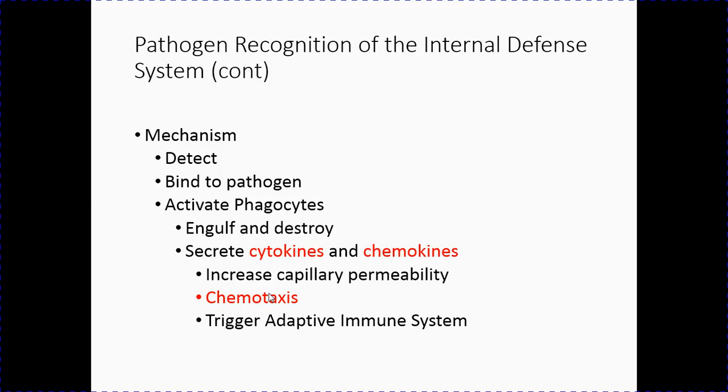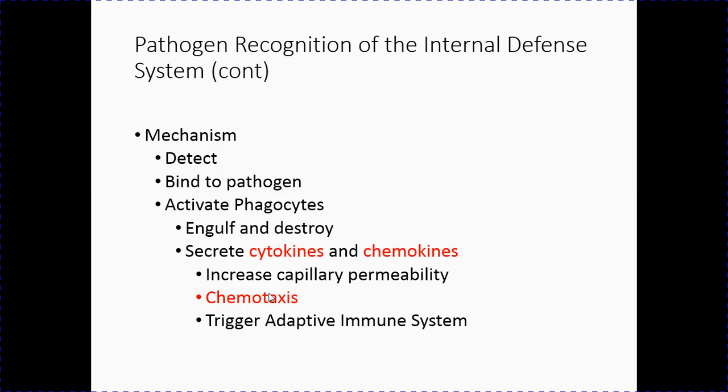Once the PRR has detected and recognized something as a pathogen, what happens? What's the mechanism that allows us to destroy that pathogen?